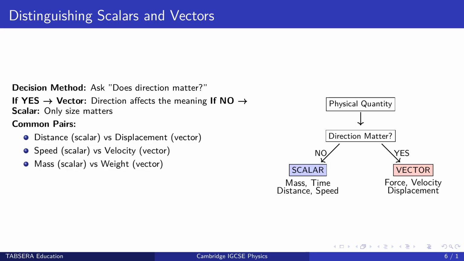Distance is scalar because 10 meters is complete information, but displacement is vector because 10 meters north is different from 10 meters south. Speed is scalar. 50 kilometers per hour describes motion completely. Velocity is vector. 50 kilometers per hour northward gives directional information. Mass is scalar, but weight is vector because it acts downward due to gravity.